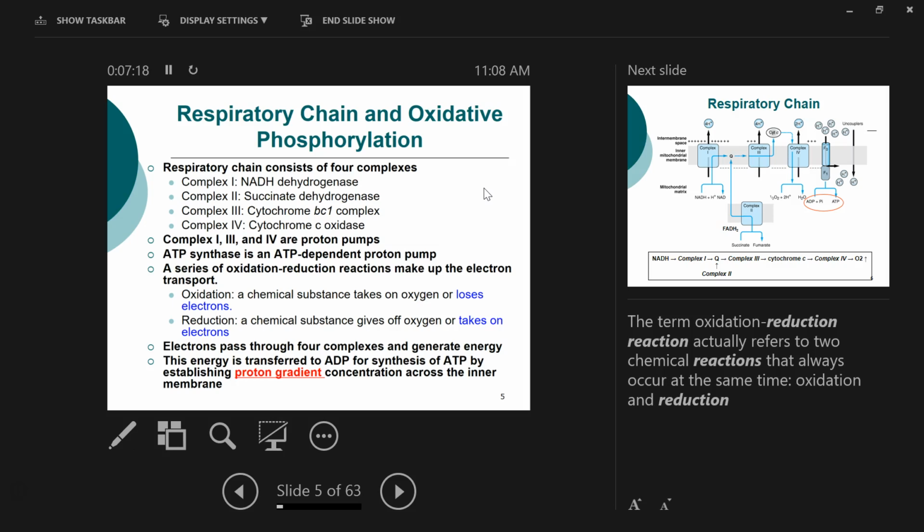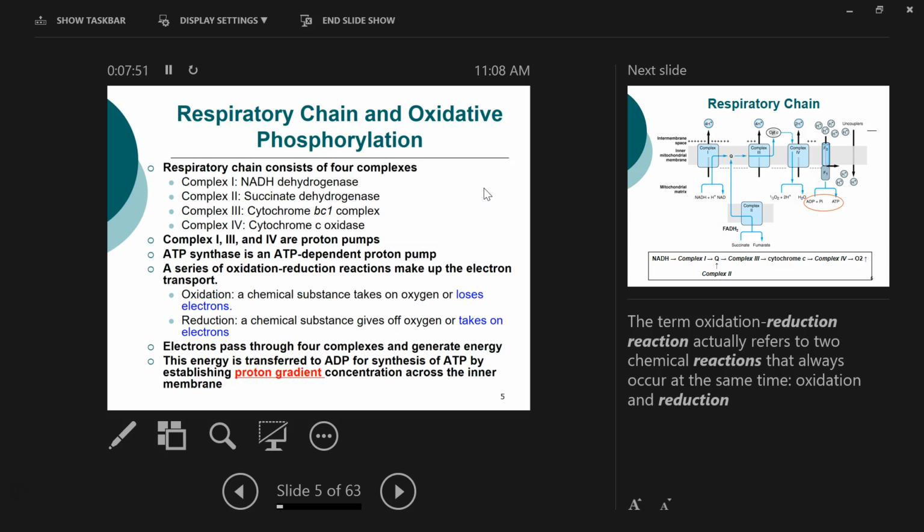Then electrons can be transported through these 4 complexes from the NADH or FADH molecules, and generate the proton gradient, and then transfer its energy in the proton gradient to ADP for the synthesis of ATP.